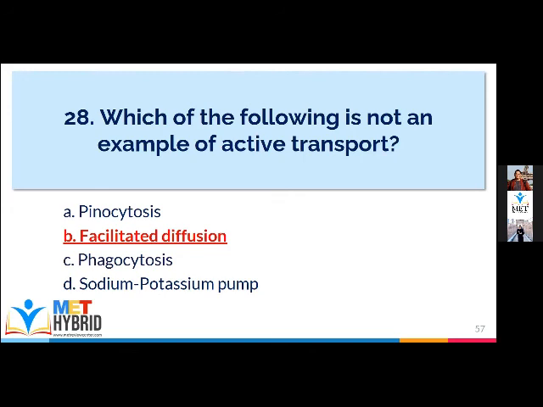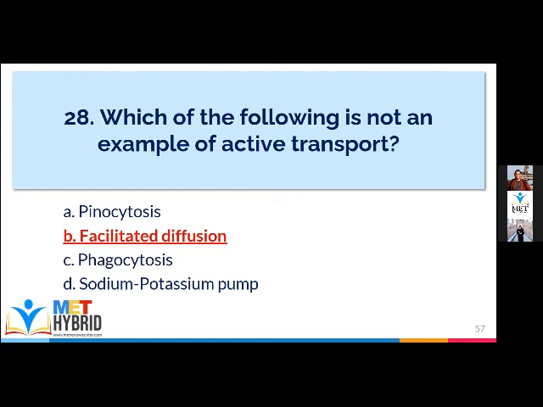So pinocytosis, phagocytosis, and sodium potassium pumps are actually active transport. Pinocytosis and phagocytosis are processes involved in what you call endocytosis. So endocytosis meaning the cell is acquiring material from the environment. No? Movement is from outside going to inside of the cell, as opposed to the exocytosis.